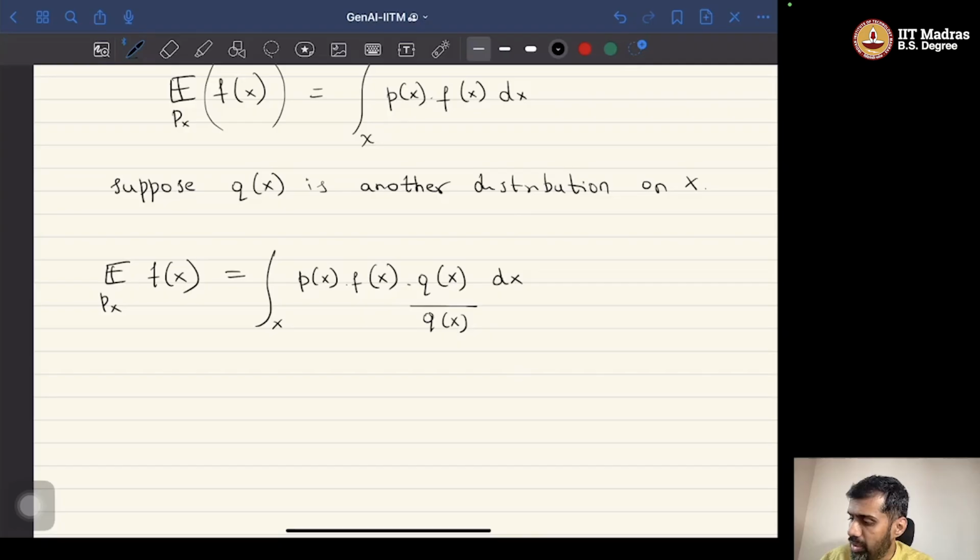Now what is this equal to? If one closely observes, this can be written as the integral of px by qx times f of x into qx dx.